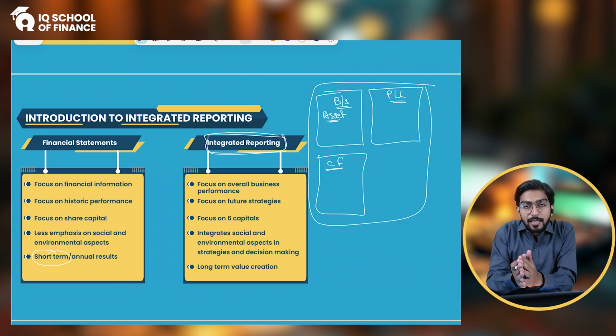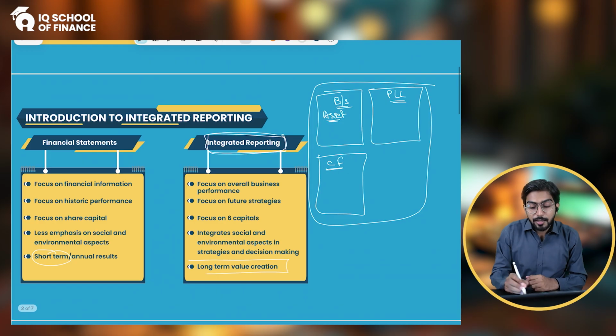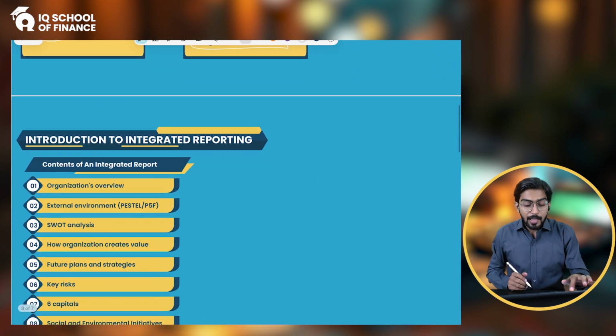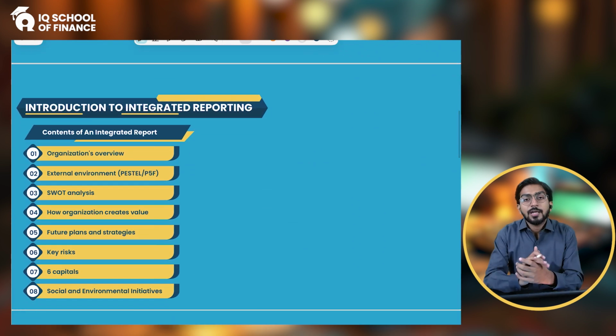All right. And if you are making the long term decision or long term investment, huge investment into some sector, some company, or some business, you should know about the long term period, right? And that is what the integrated reporting tells you about. How? By looking at the six capitals. All right. Now we have the contents of the integrated reporting.